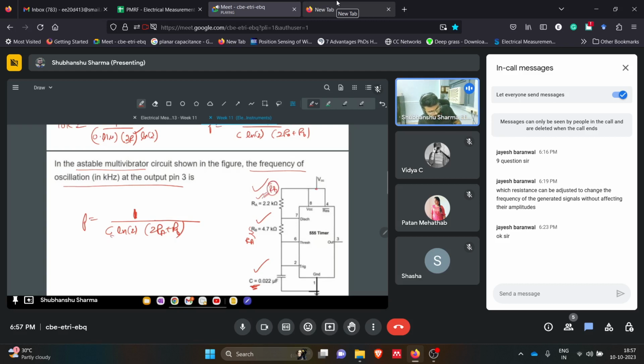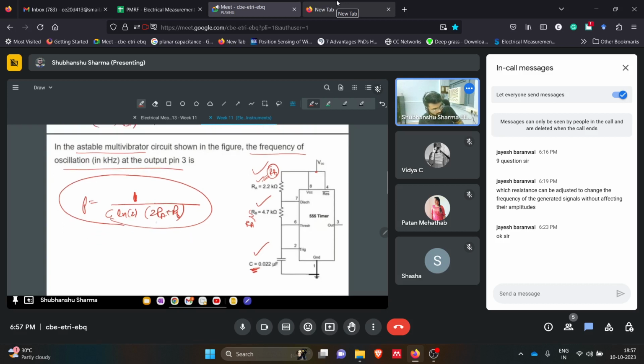So the formula which we have written here, this RA is basically this 4.7. It's kind of a confusion, but you should be clear about this.